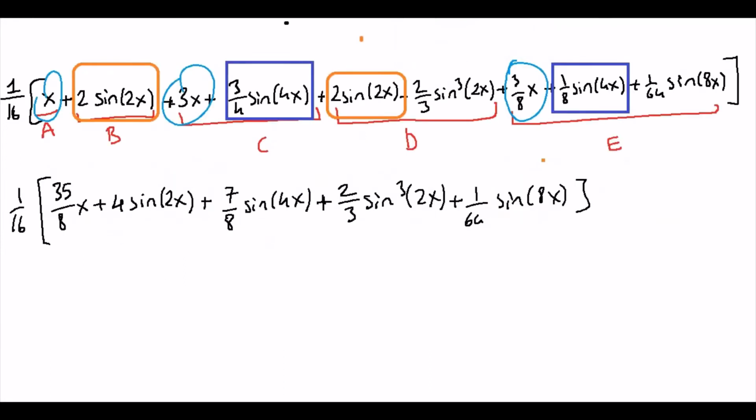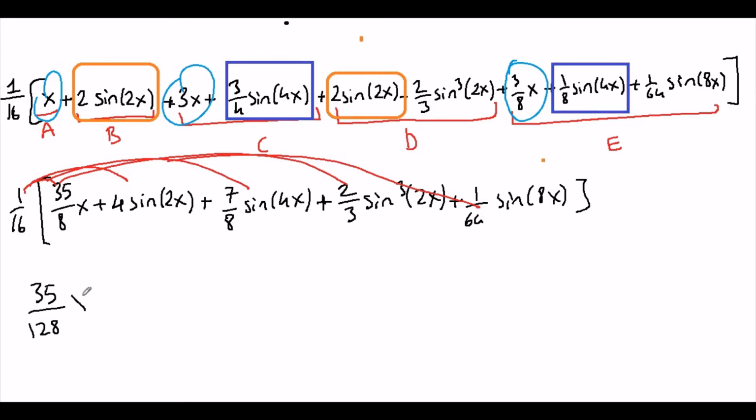Now we can distribute 1/16 inside. So 1/16 times 35/8 is 35 over 128 x. 1/16 times 4 will be 1/4 sine of 2x. 1/16 times 7/8 will be 7 over 128 sine of 4x.